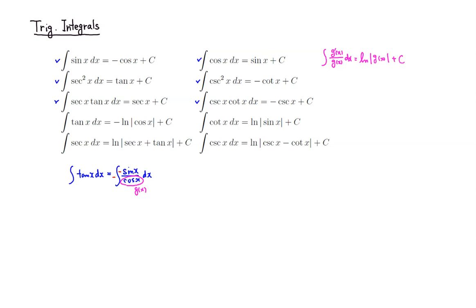That way, negative sine of x is exactly the same thing as g prime of x. So using that trick, and don't forget the negative sign, it's going to be negative natural log of the absolute value of cosine of x plus c. So that's where this comes from.